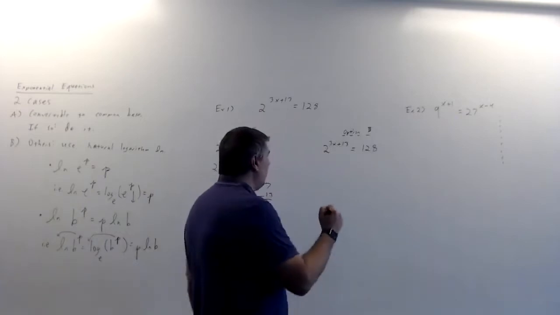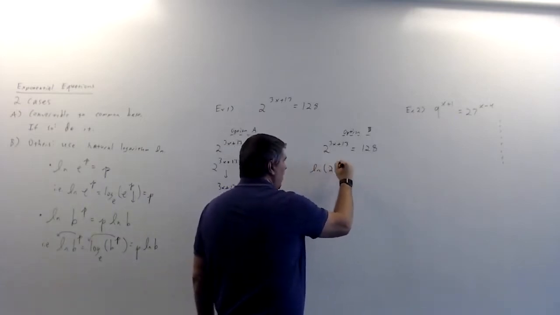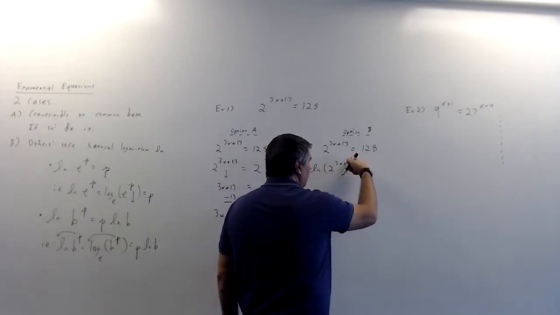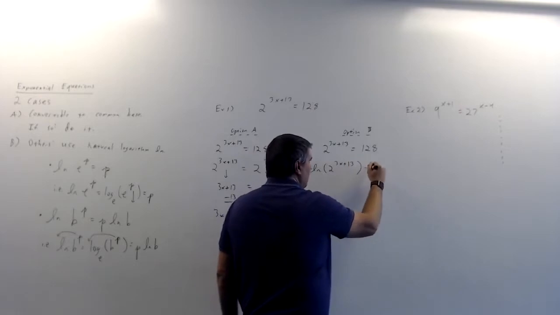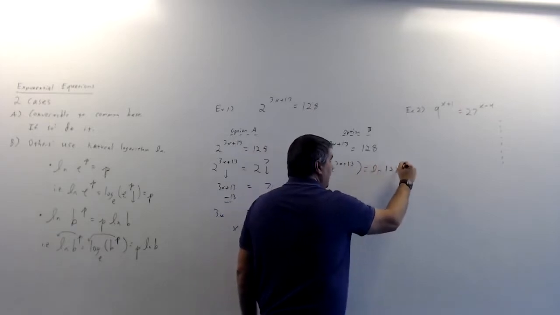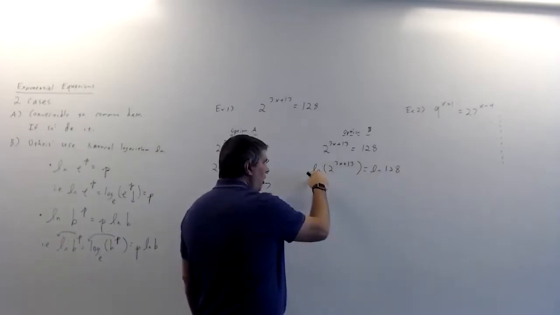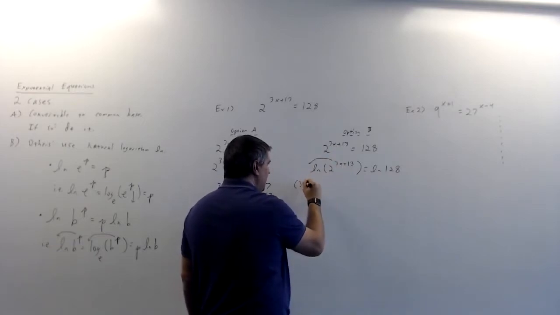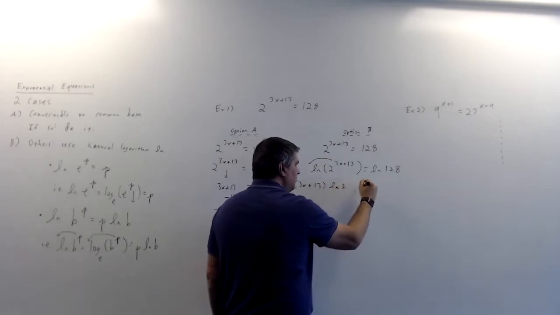So I'm going to go ahead and take the natural log of both sides. Natural log of 2 to the 3x plus 13 equals the natural log of 128. That's natural log, or log base e. The base is not e, so we're going to take this 3x plus 13 to the front in parentheses, and that just leaves me the natural log of 2.